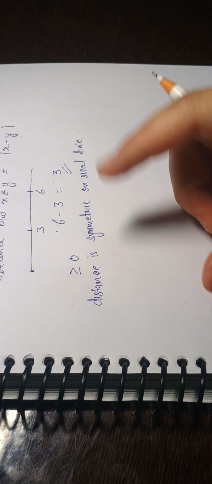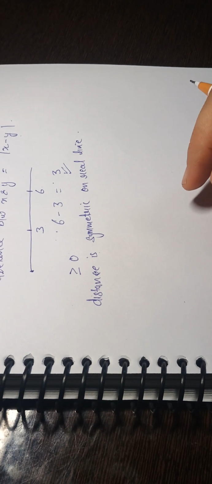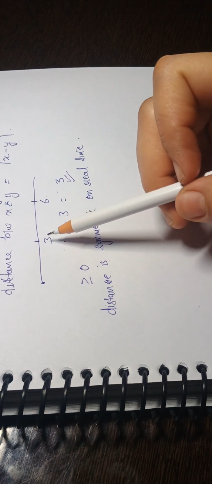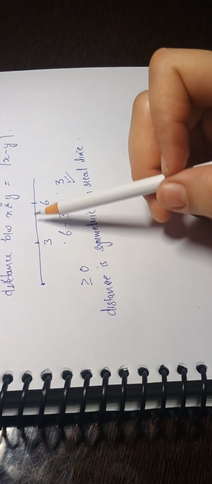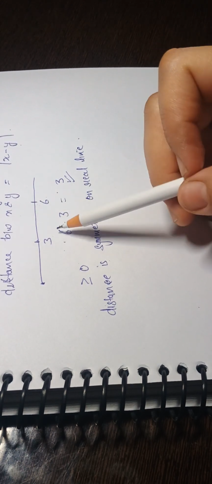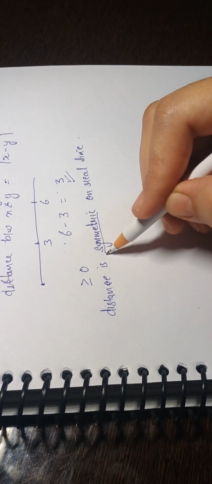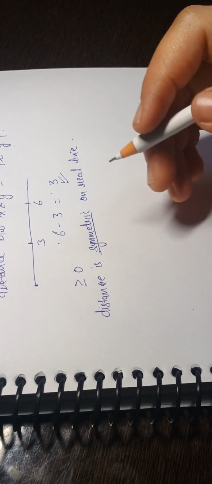That means if I interchange the position, the distance does not change. It does not matter if I am measuring the distance from 3 or if I am measuring the distance from 6. The distance is the same. So distance is symmetric on the real line.